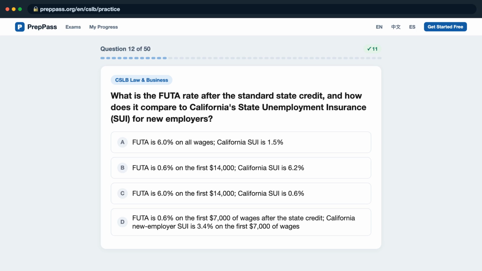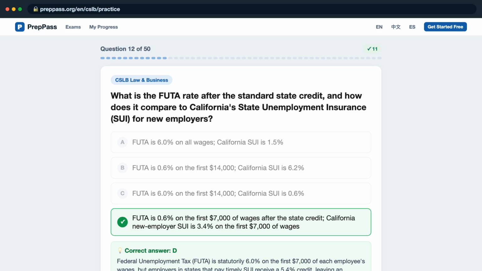C, FUTA is 6% on the first $14,000, California SUI is 0.6%? D, FUTA is 0.6% on the first $7,000 of wages after the state credit, California new employer SUI is 3.4% on the first $7,000 of wages? The correct answer is D.